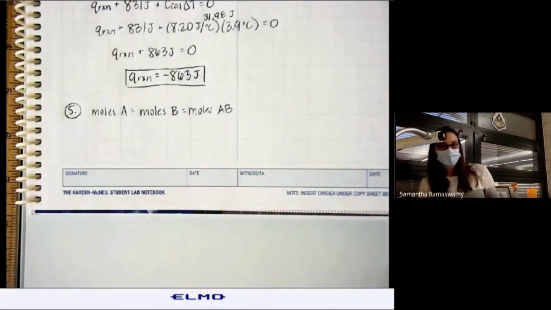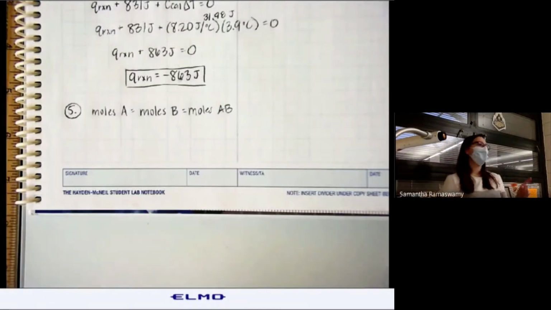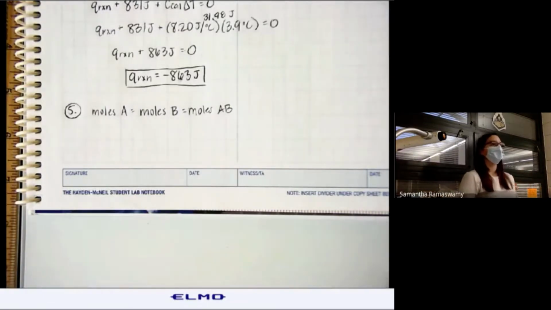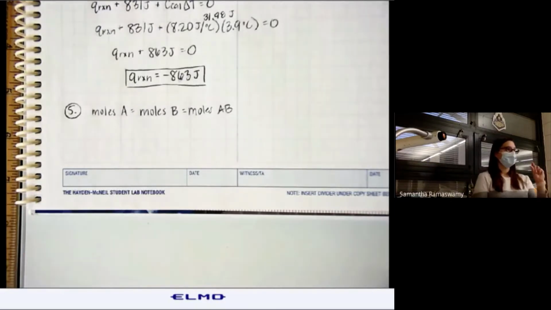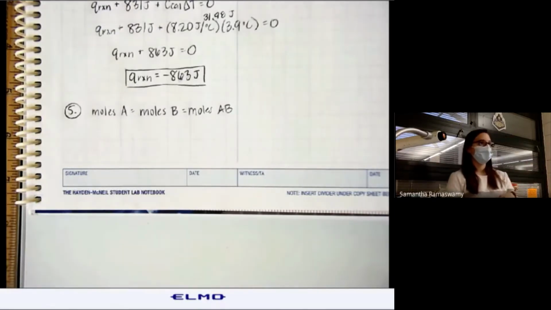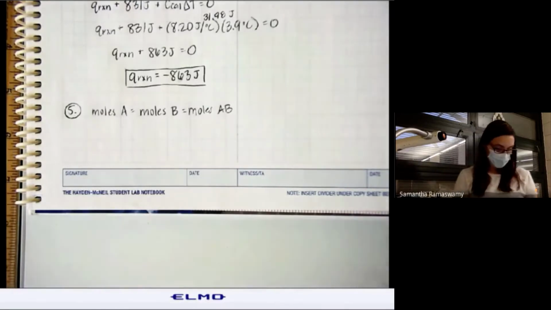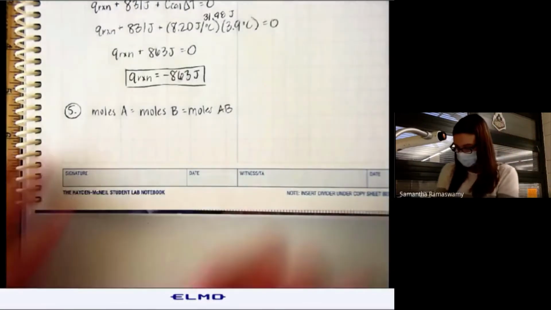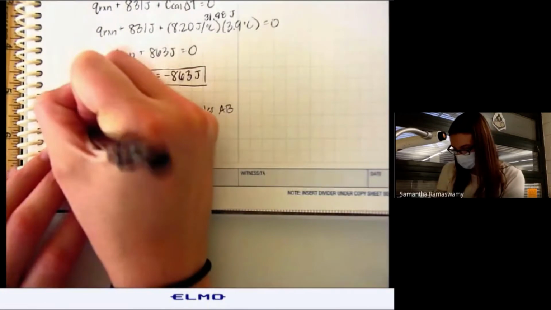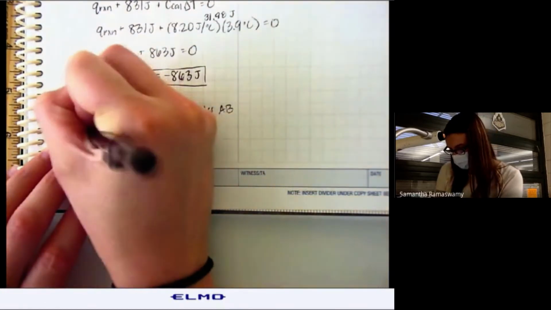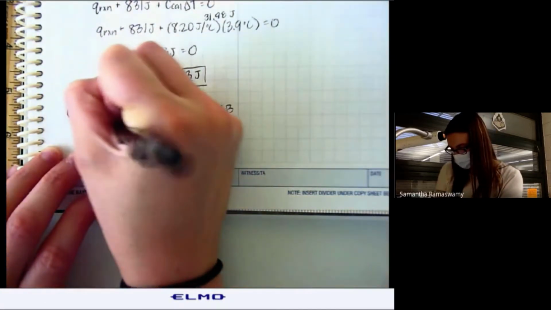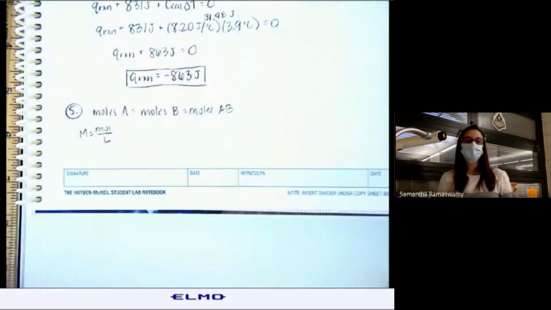That's going to be useful because if I find the moles of solution A or the moles of solution B, that's the same as the AB solution. So that's going to make it easy to find moles. So here's what I'm going to do. I'm going to remember that molarity is moles over liters.